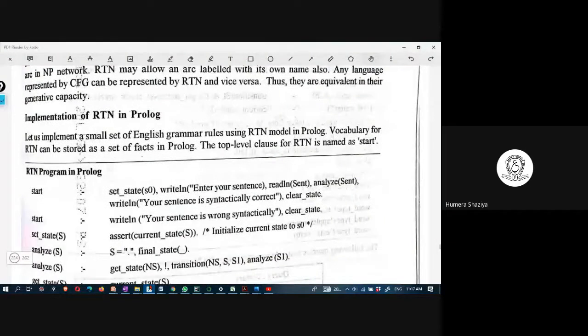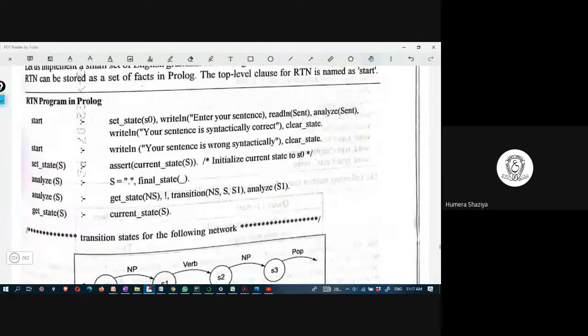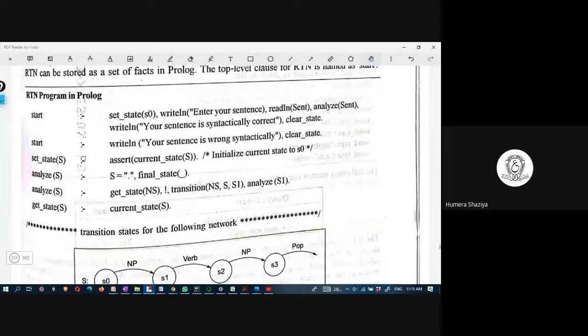And how to implement RTN in Prolog. Prolog is a programming language, and it stands for programming in logic. In this RTN program in Prolog, after start, set state to S0, enter the sentence.